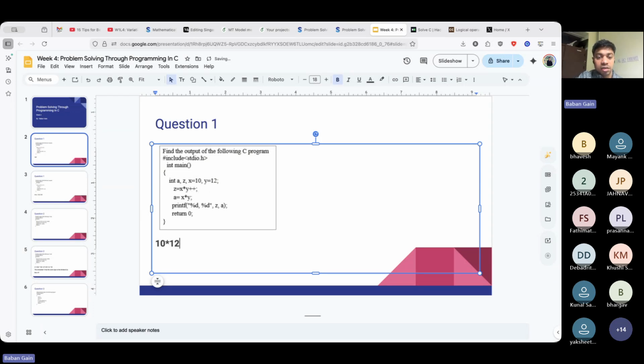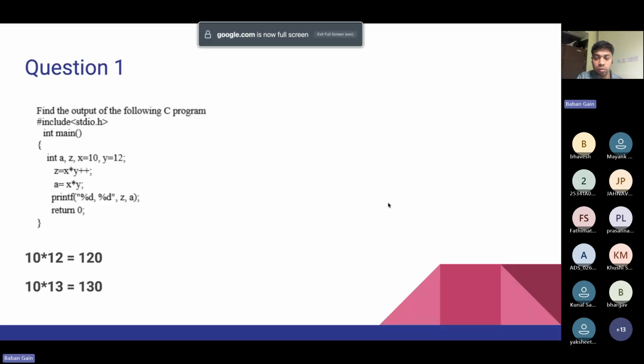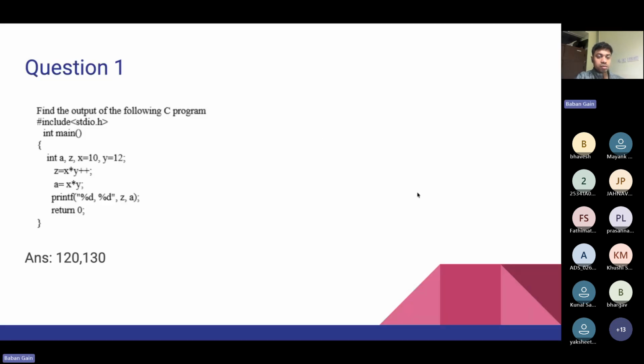So here it will be 10 into 12 is 120. But in the case of A, the value of y had already got incremented in the previous step. So that will be 10 into 13, so that is 130. So this answer is correct. The answers will be 120, 130. Okay, good try.